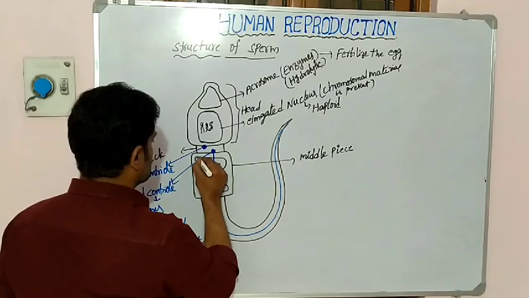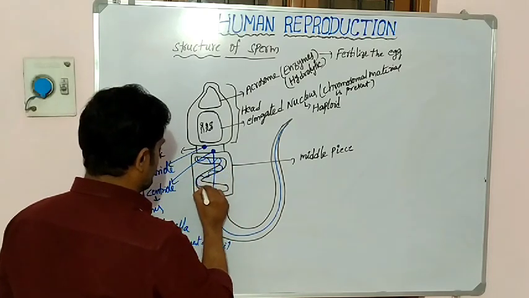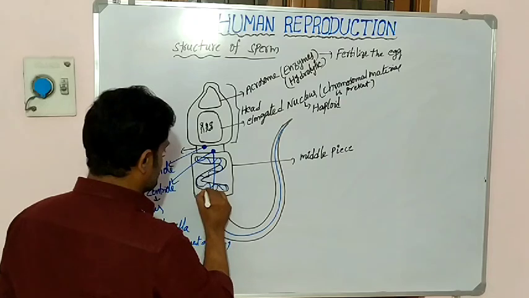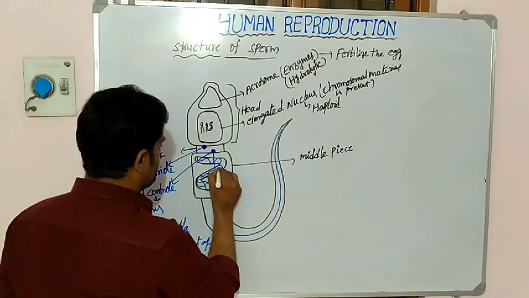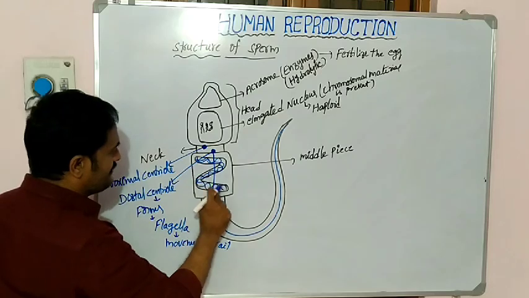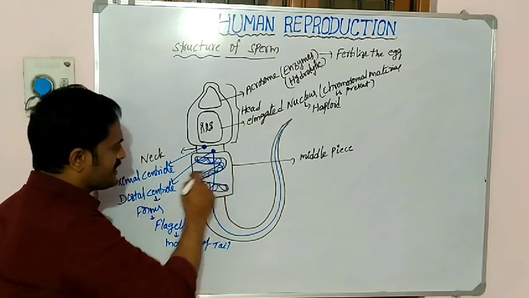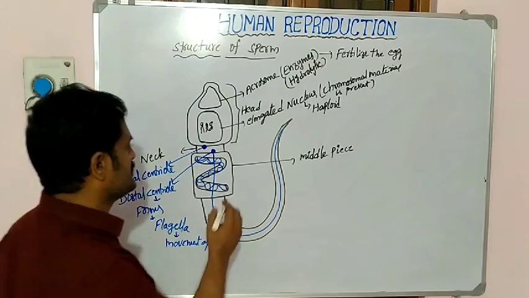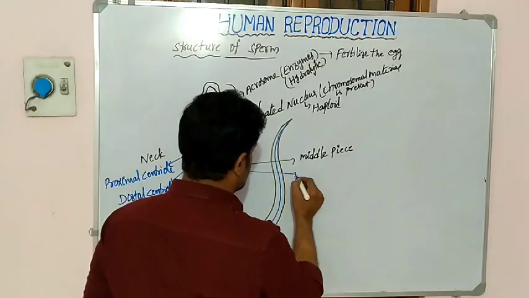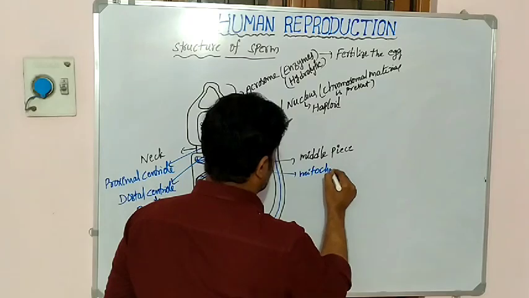In this region, mitochondria are present, and they have different arrangements. Inside here, a number of mitochondria are present.